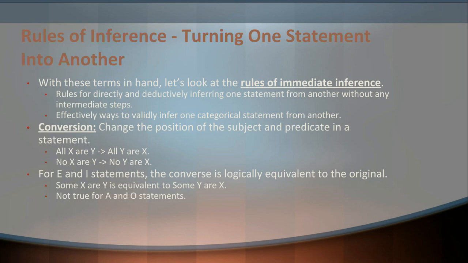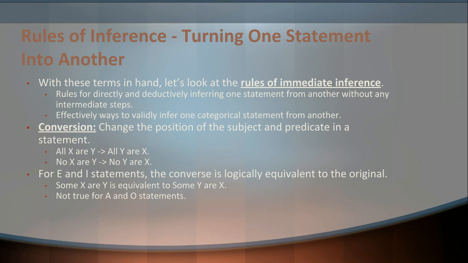That is, these are rules or logical operations that allow us to infer one statement from another without any steps in the middle. We don't have to form big, long arguments. These are places where we get to skip making big, long arguments. Instead, these are ways to validly infer one categorical statement from another. Or if you want to think about it, there are ways to turn one statement into another.